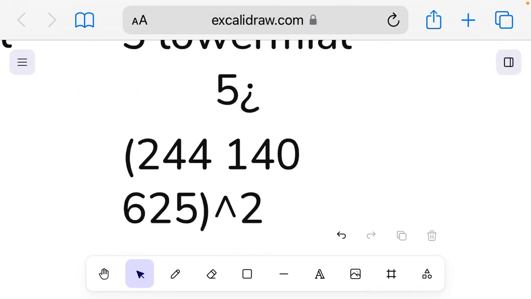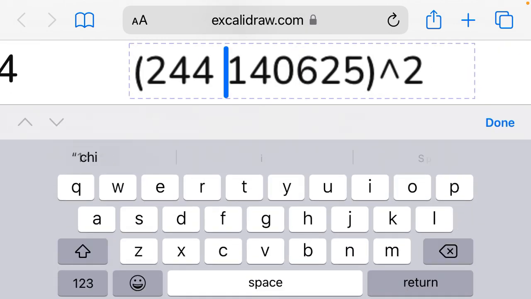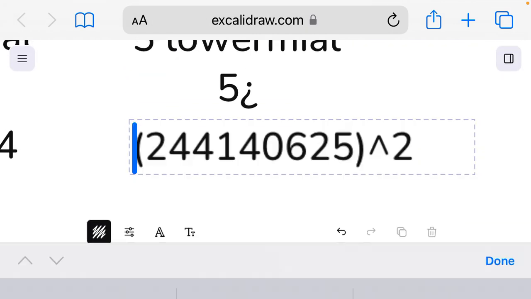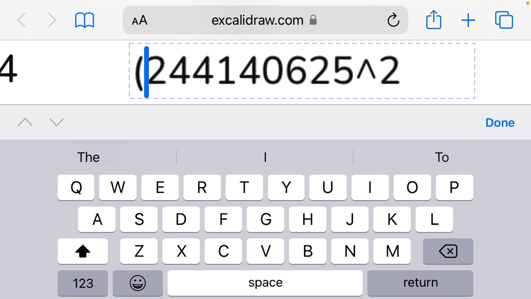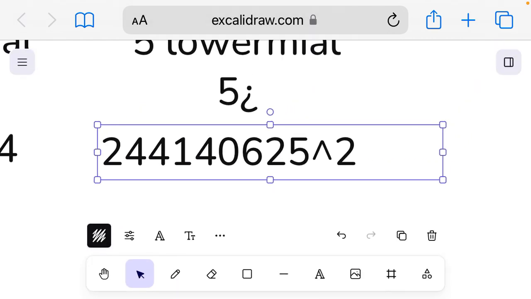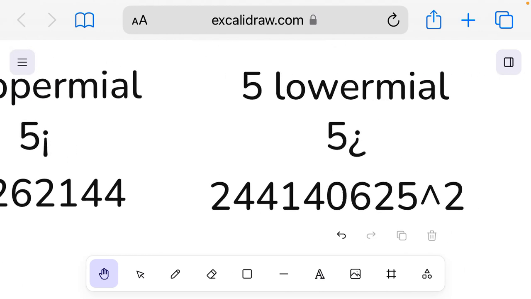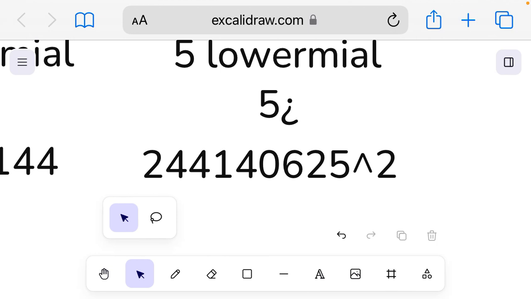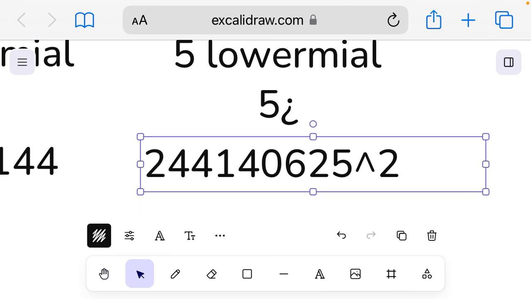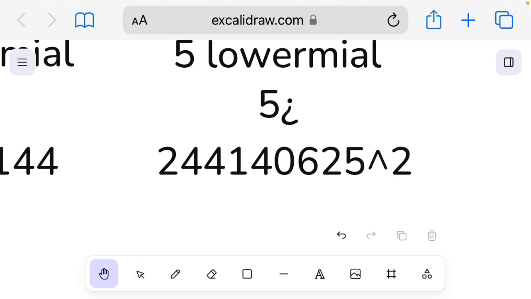You will get this number. And if you want to square this number, it will give us a large number, but it's slightly smaller than upperal. So yeah, I would recommend lowerial, since this can give us smaller results.